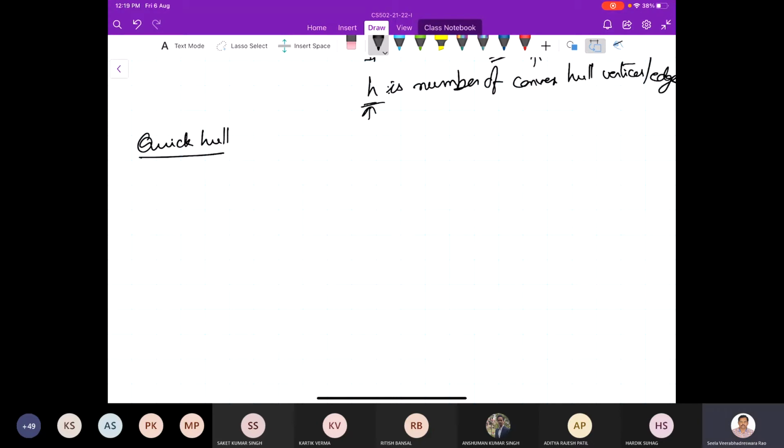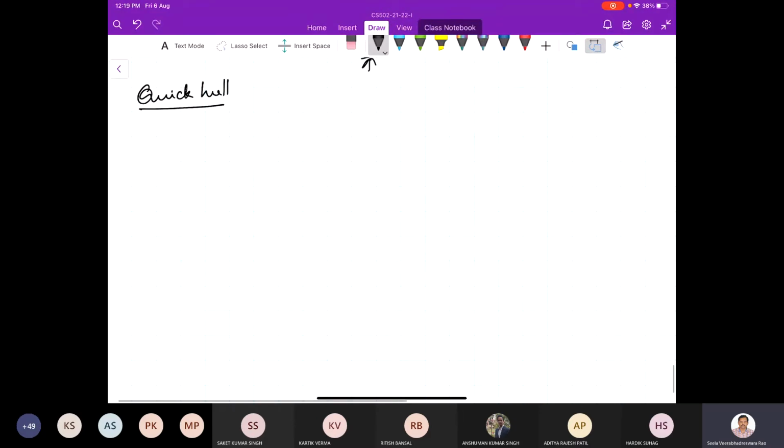So we need to focus only on points on the boundary of this convex hull. So for that, we start with two vertices on the boundary of the convex hull.